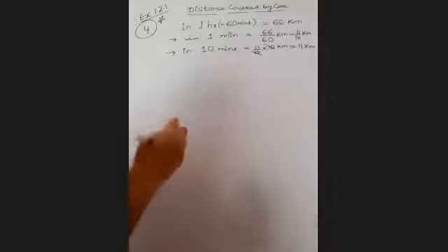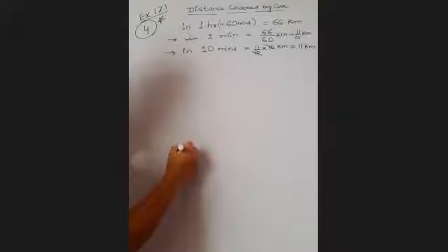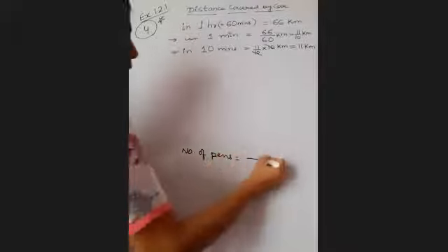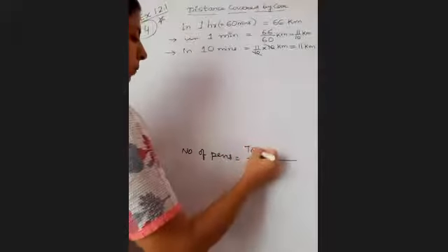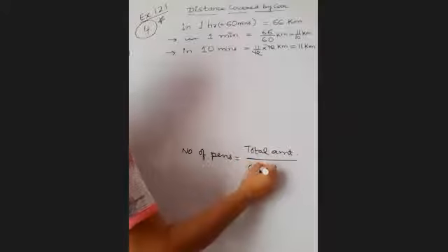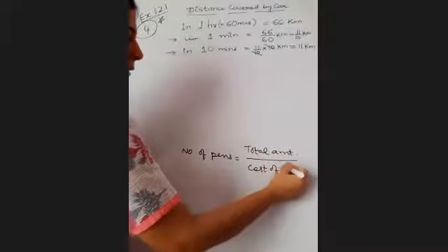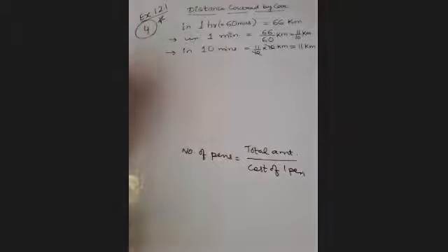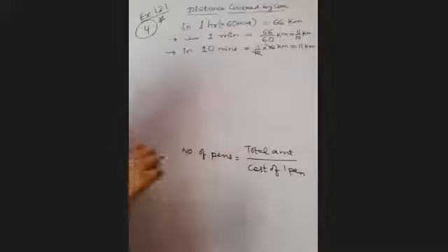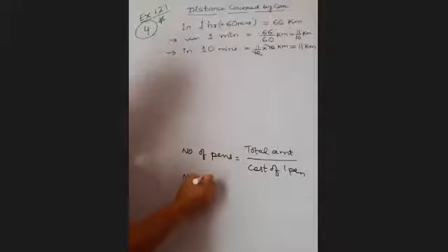But we have to find the number of rounds. How do you find the number of anything? Suppose you have to find the number of pens purchased, and you know the total amount you paid and the cost of one pen. That is how you do it. Similarly, beta, I have to find the number of revolutions.